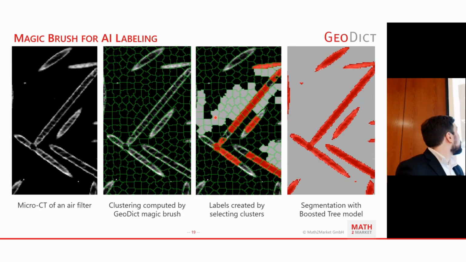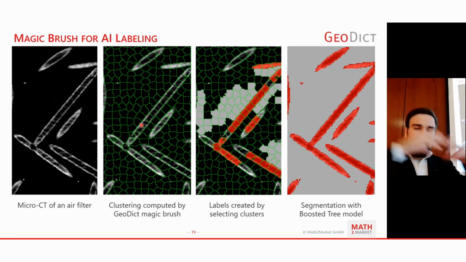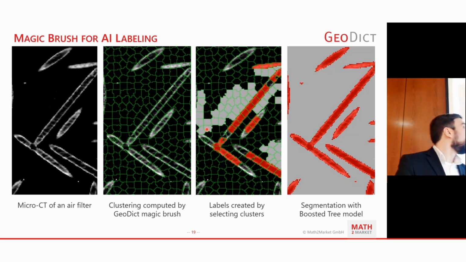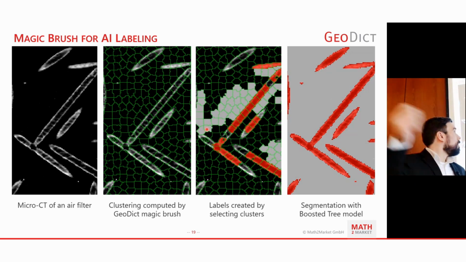Another thing we have improved in this year's release regarding segmentation is the AI Magic Brush, where you get a segmentation, like a separation of your scans into these little cells here, and you can control the size of the cells, adjust it to the feature size of your scan, and then you can easily create label data, and it's just way faster.